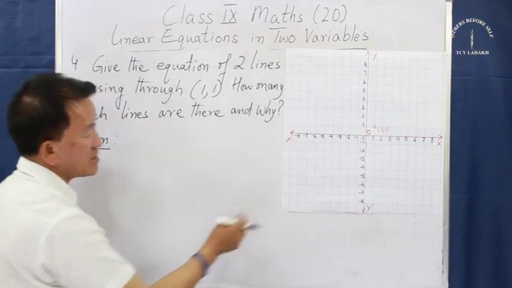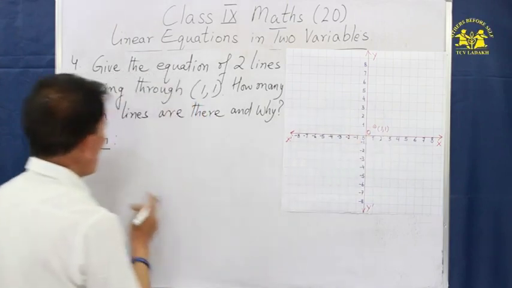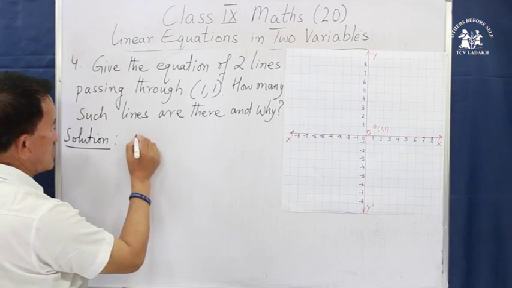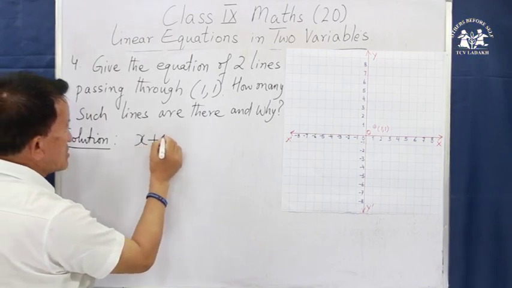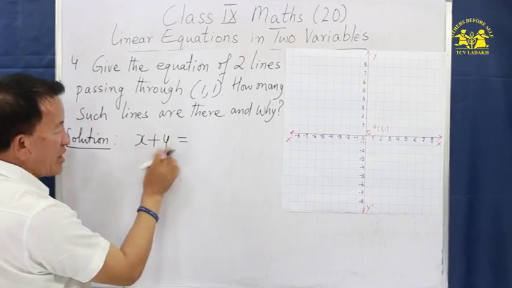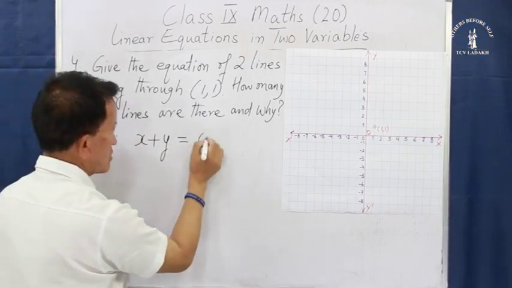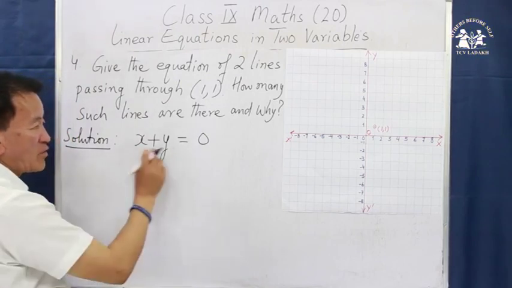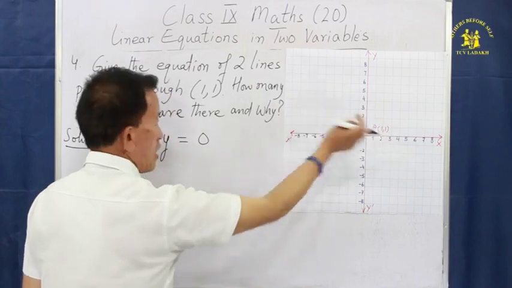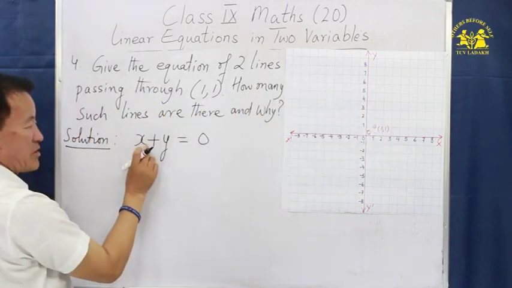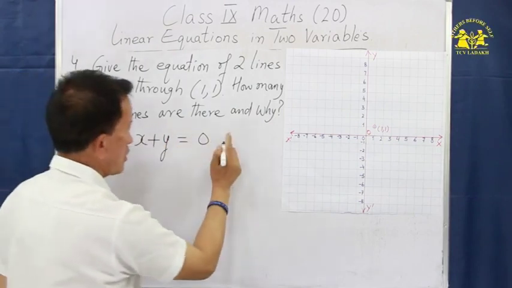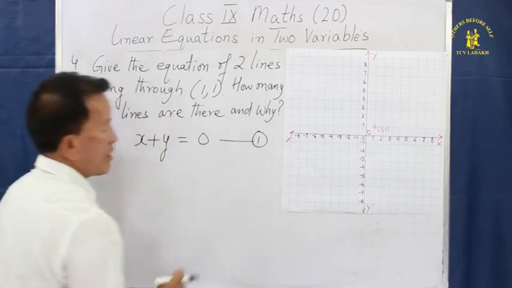So the simple one is, we'll assume that the two variables are x and y. So x plus y. If x is equal to 1, y is equal to 1, then the sum will be equal to 2. That will exactly be the solution, right? 1, 1 will be the solution of this. If we put x is equal to 1 and y is equal to 1, you'll get left hand side equal to right hand side. That's a simple one, right?